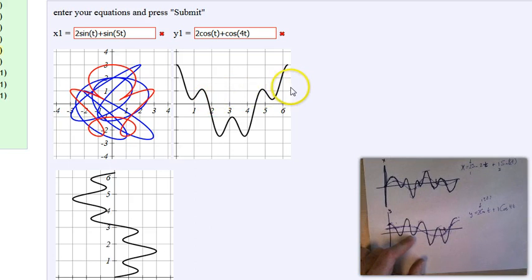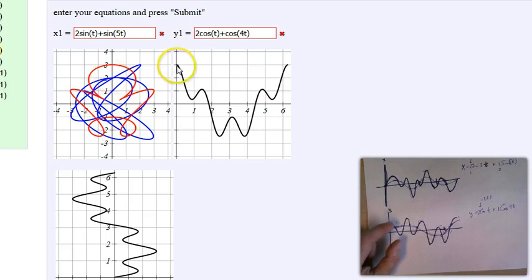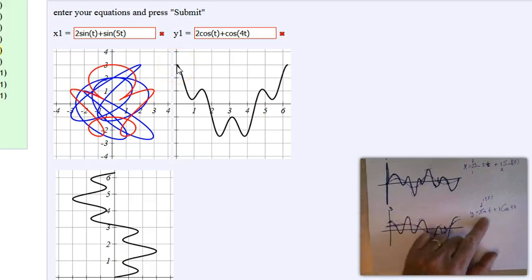It doesn't look good at all. This one, my Y values don't line up right. My Y value is starting up here at 3. I don't want to be up at 3. I only want to be up at 2.